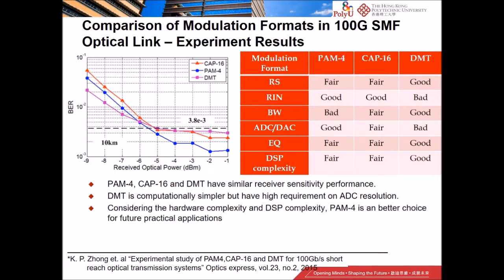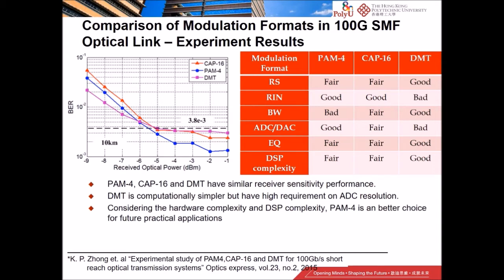And now, finally, this is a graph showing the bit error ratio versus the received optical power. What we wanted to highlight is the following. All these formats have similar receiver sensitivity performance.